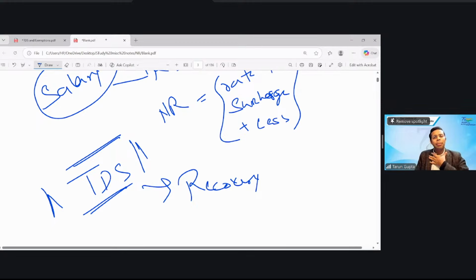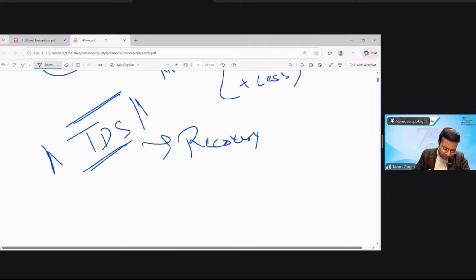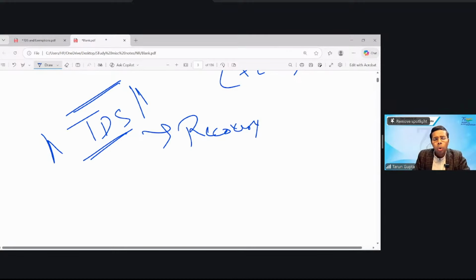Is it my duty as an assessee, as an individual, as a payer, as an Indian public? Or is it the duty of the Indian government? Of course, the duty is of the government.